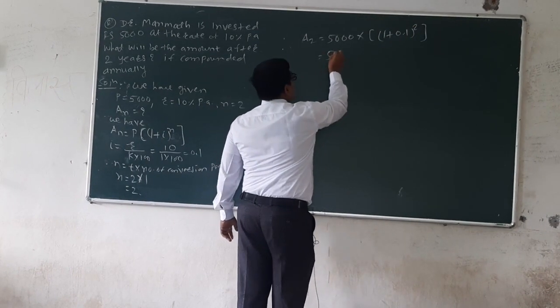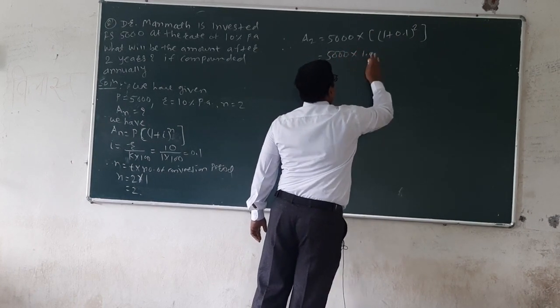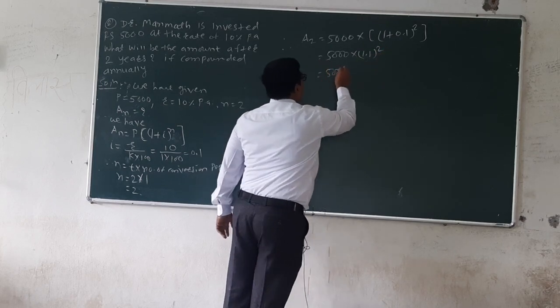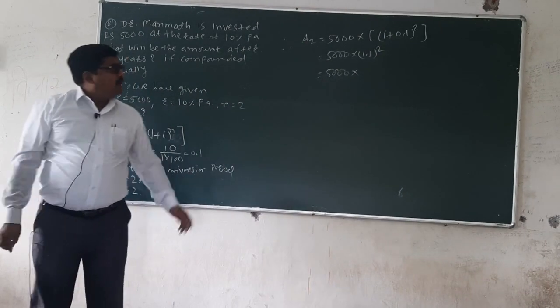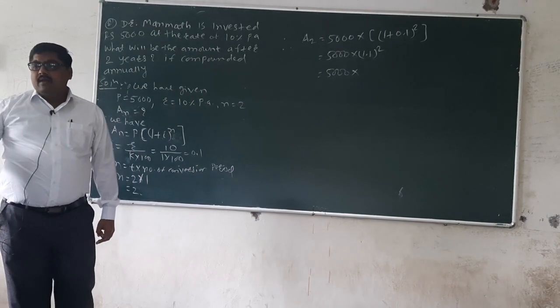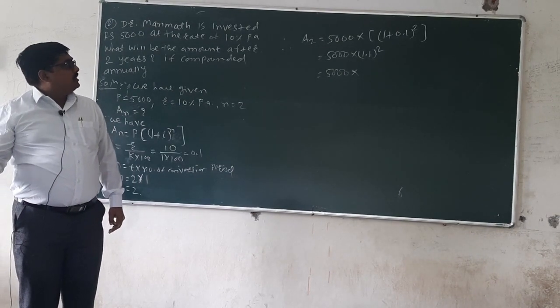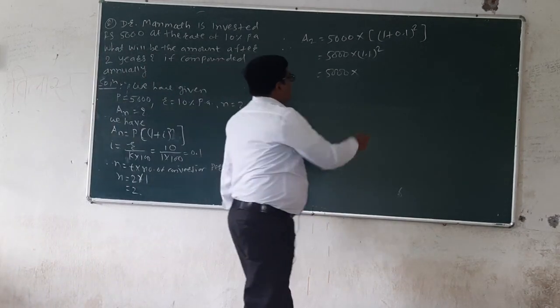So 5,000 into 1.1 raised to power 2. 1.1 squared means 1.1 multiplied 2 times, that is 1.21.